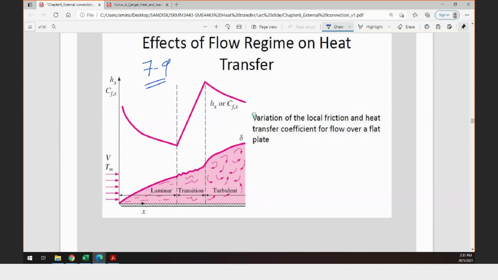This is the variation profile of the convective heat transfer coefficient h at X, at a specific location, and also the variation of the friction coefficient when it is laminar, transition, and turbulent.